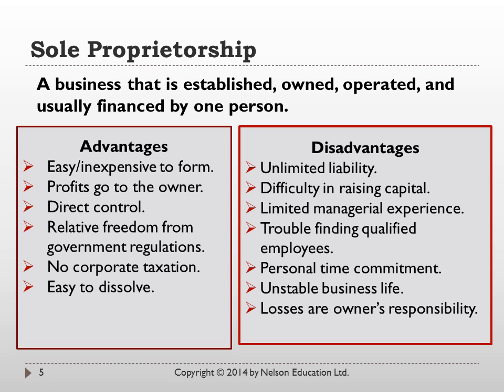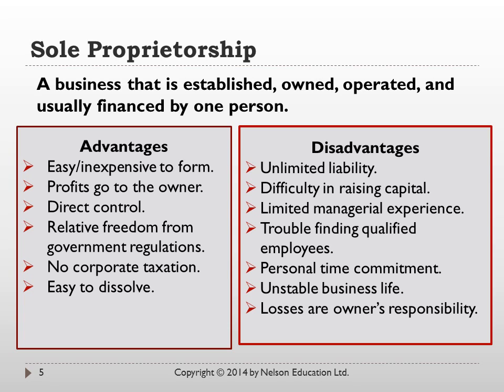One of the advantages of a sole proprietorship is that because the business and the owner are one and the same, there's no special taxation for the business. In fact, sole proprietors will file their regular personal income tax return and have a schedule of business income and expenses attached to it. And so essentially, all of the business profits are taxed at personal tax rates in Canada.